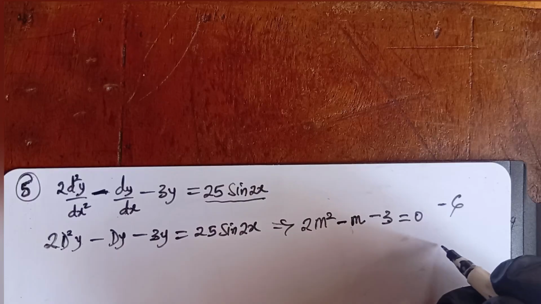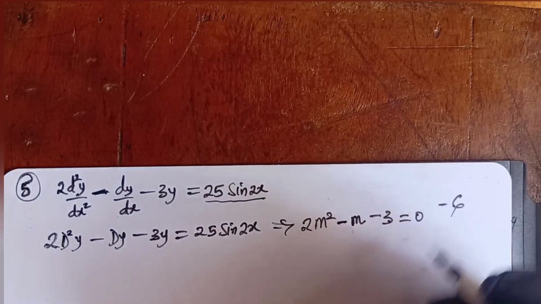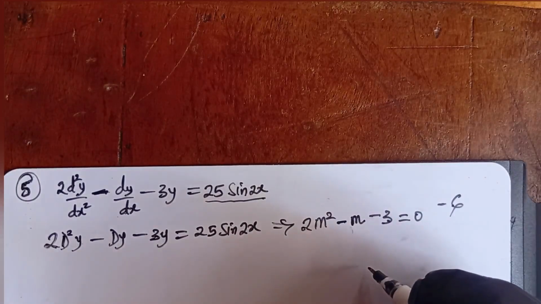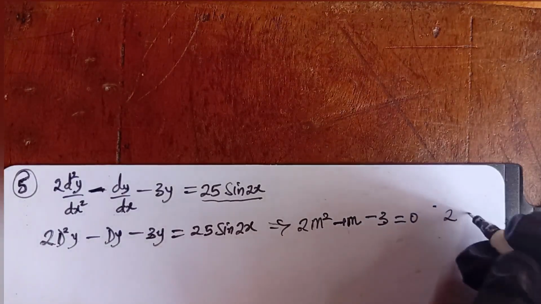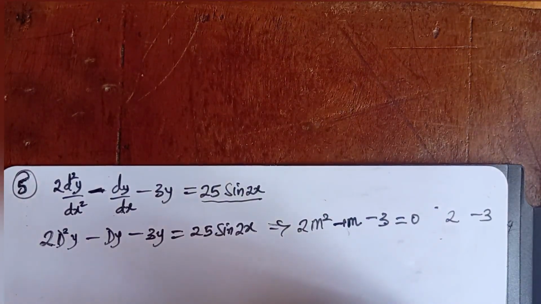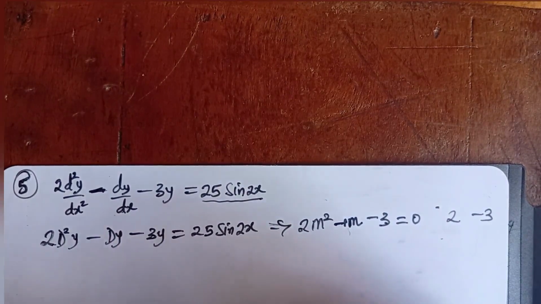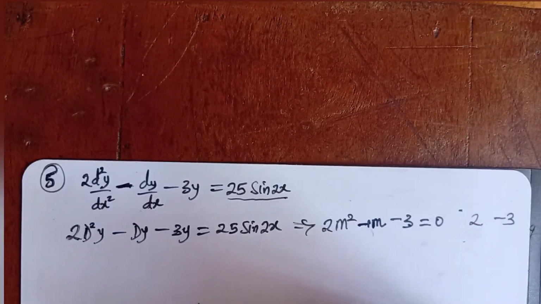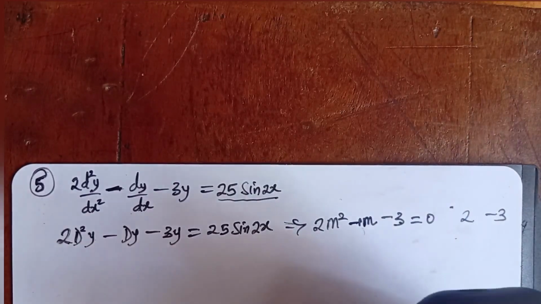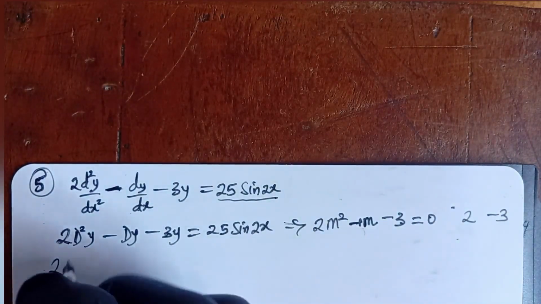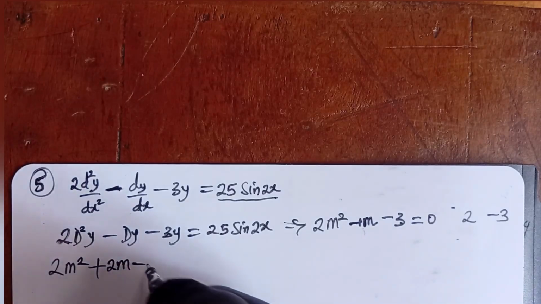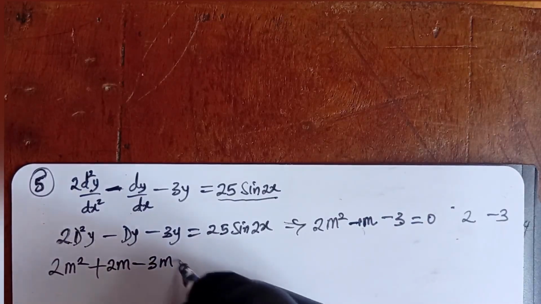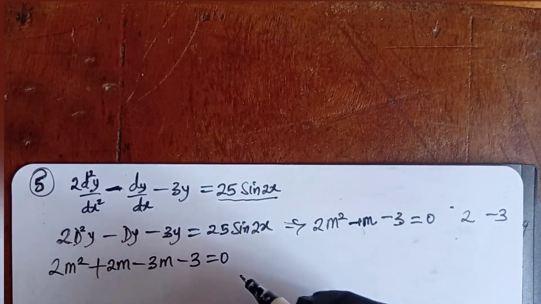We need two numbers whose product is minus 6 and whose sum is minus 1. The numbers are 2 and minus 3, because 2 times minus 3 is minus 6 and 2 plus minus 3 is minus 1. So that equation becomes 2m squared plus 2m minus 3m minus 3 equal to 0.